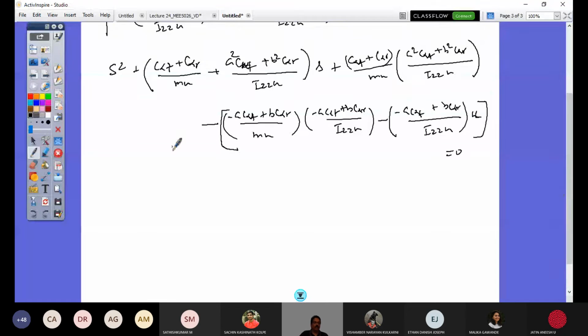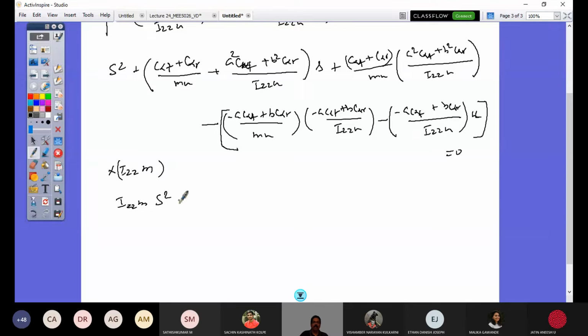So what am I going to do? I'm going to multiply this. I have a denominator IZZ m, so I'm going to multiply throughout this equation by IZZ m. What is this going to be? It's going to become IZZ m into s square.